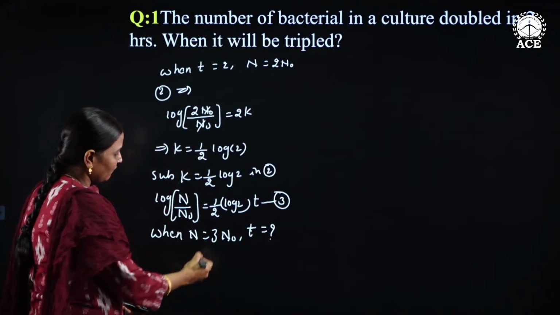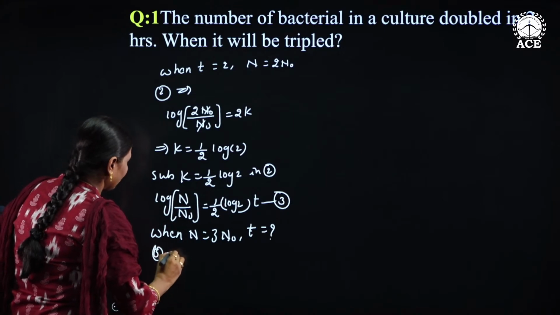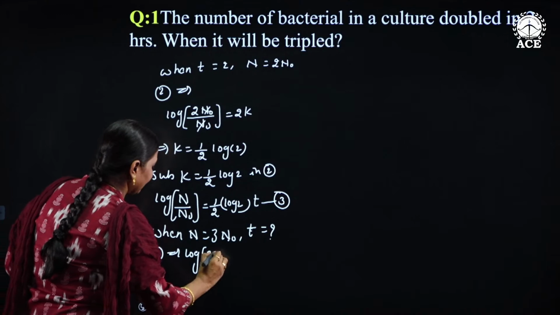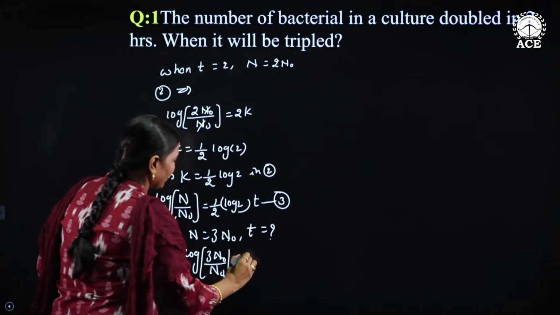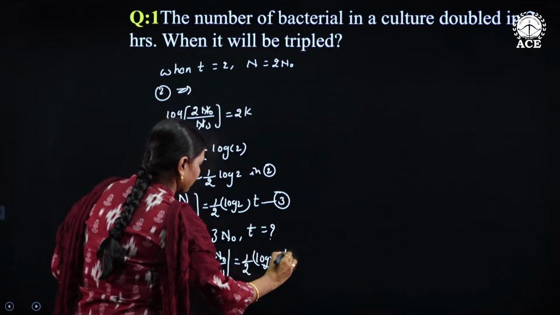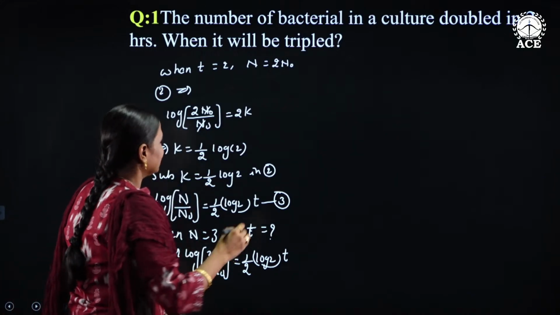To find the T value, substitute N equal to 3 N naught in equation 3. So now equation 3 becomes log of 3 N naught by N naught is equal to 1 by 2 into log 2 into T. Now if we cancel N naught, what is the LHS?